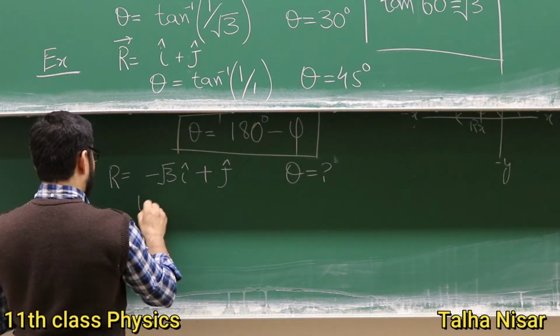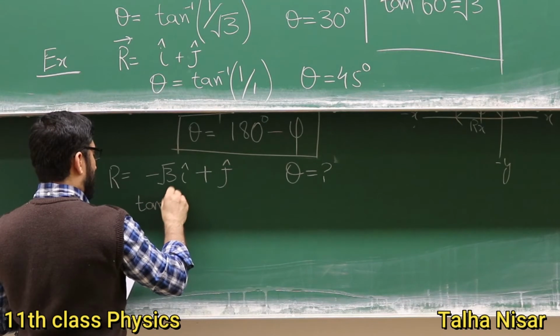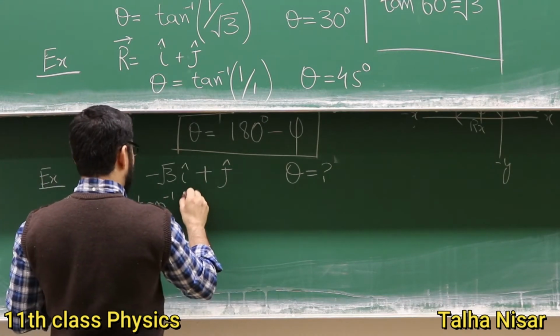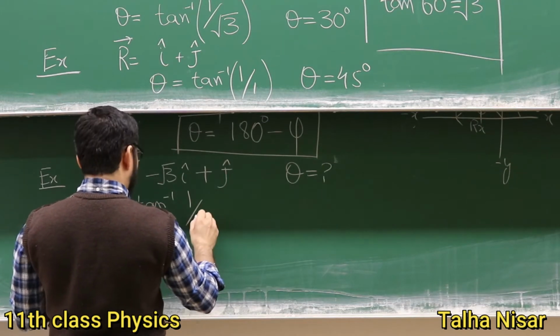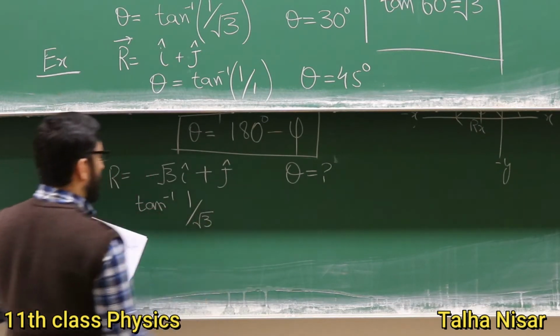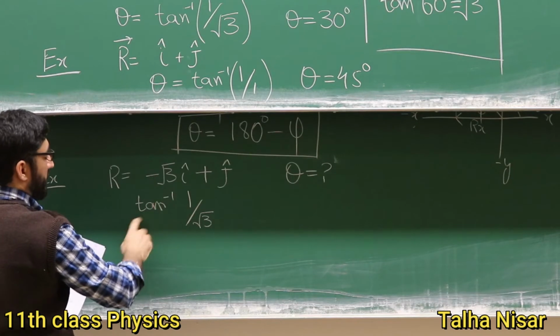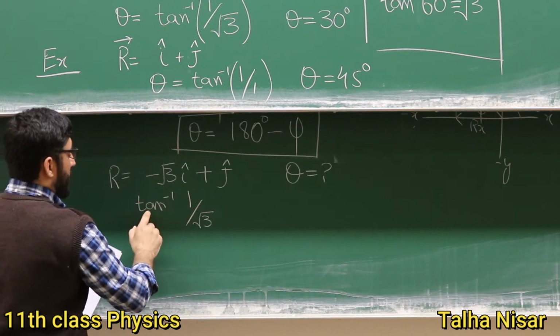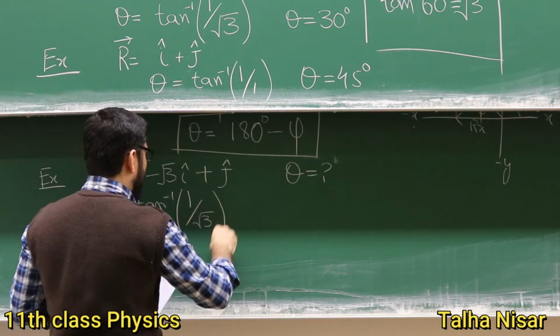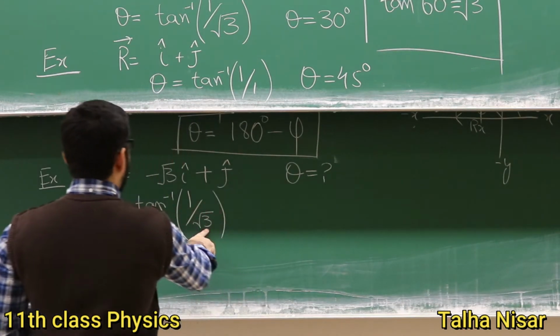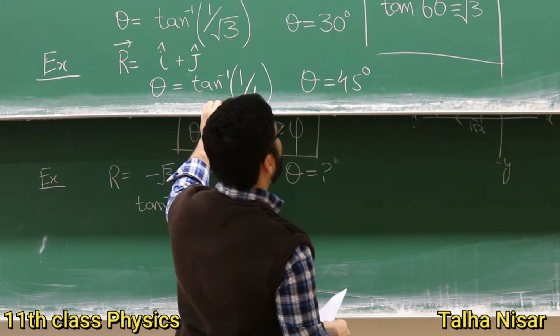So we get tangent inverse of 1 by root 3. When we do these calculations, we always take the positive value and just ignore the sign. So what we see here is 30 degrees.